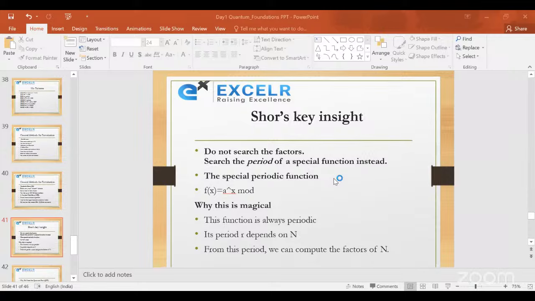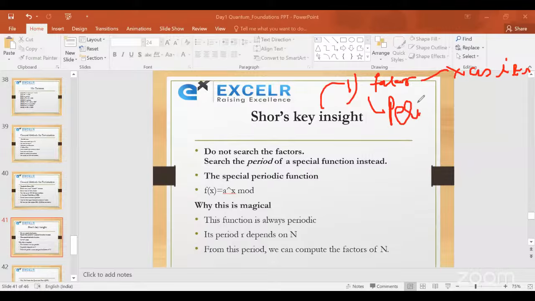That function is a very important one. Shor said not to convert the factoring problem as it is to the factors. Rather than the factoring problem, convert this problem into the periodicity problem.